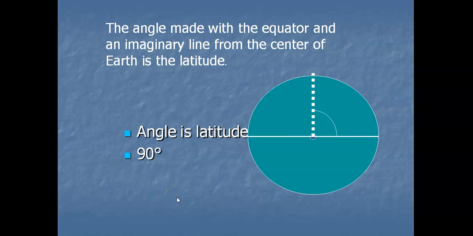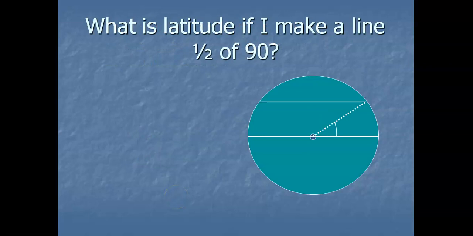Let me give you another example. What I want to do is cut that 90 degrees in half. Let me make an imaginary dotted dashed line halfway. Again, the angle that is made between my imaginary line and the equator represents the latitude at the surface.